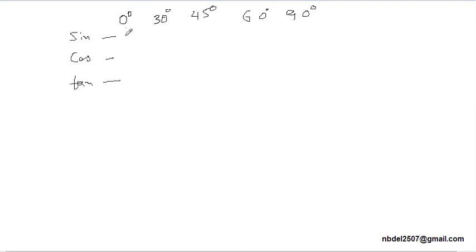So sine 0 is 0, sine 30 is 1 by 2. We have a method to find out this. In junior classes you have done. What do we do? We take 0, 1, 2, 3 and 4, and we divide all by 4 separately, and this you should remember in junior classes you have done.